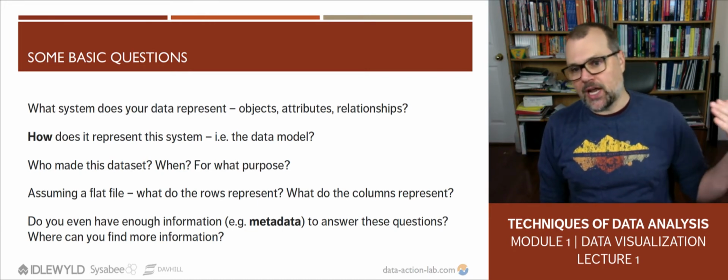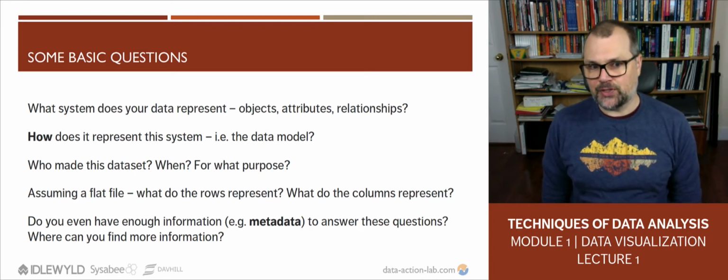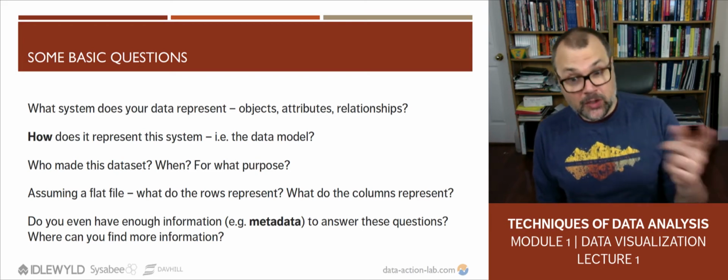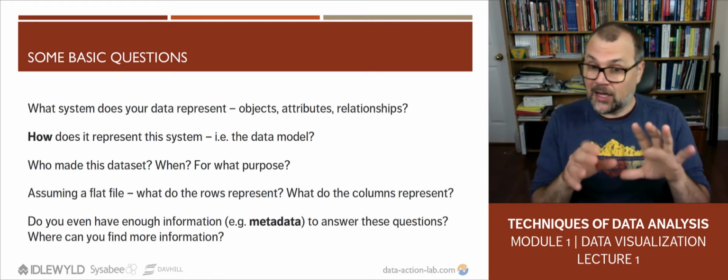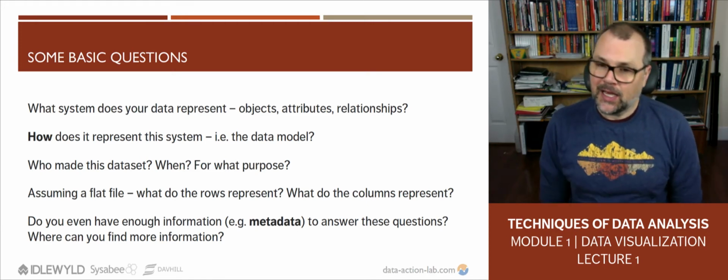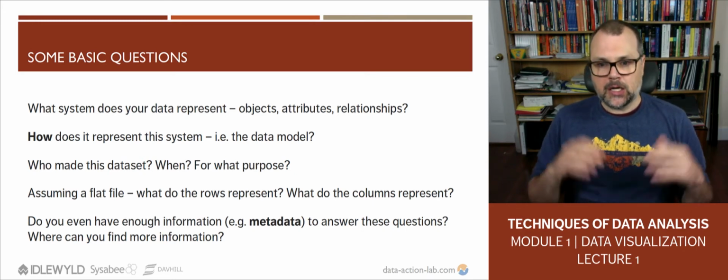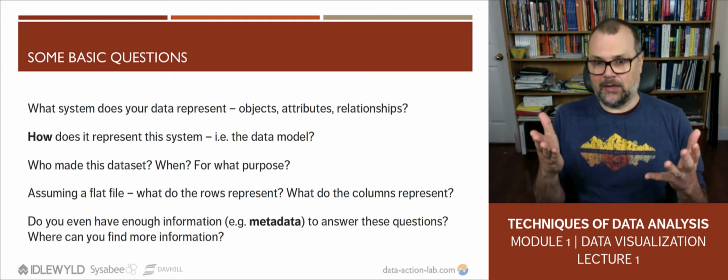Do you understand what the rows in your flat files represent? Do you understand what the columns represent? Because in the real world, not only is it the case that data comes in data frames, not matrices, it usually comes in databases. We don't usually have data available to us as a flat file, as a CSV file.